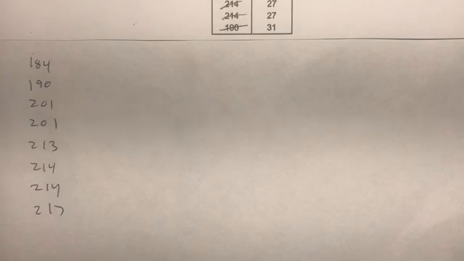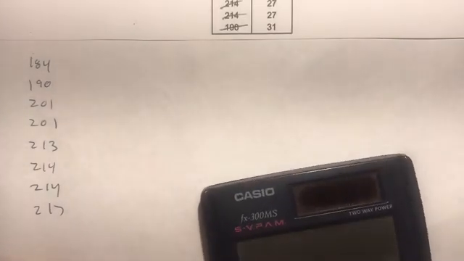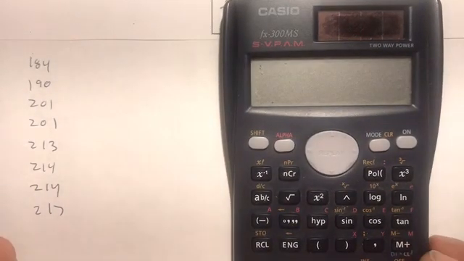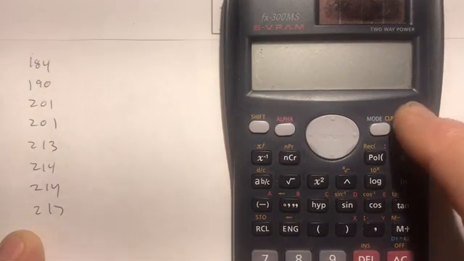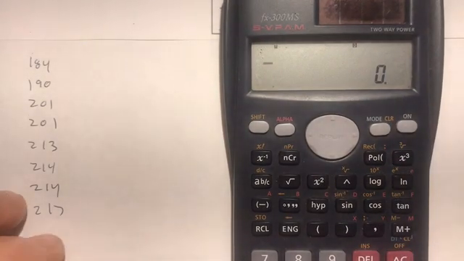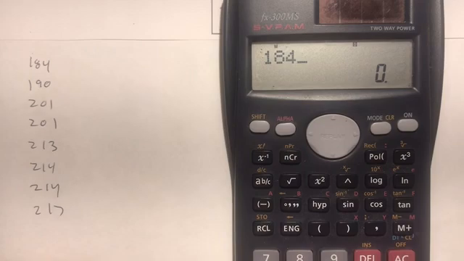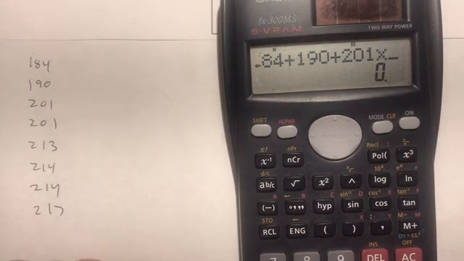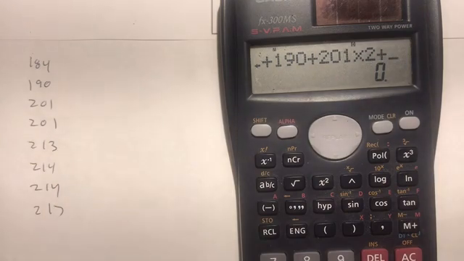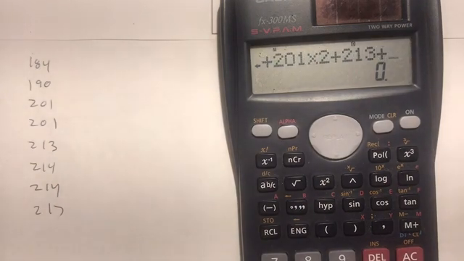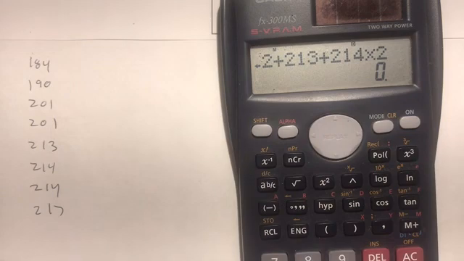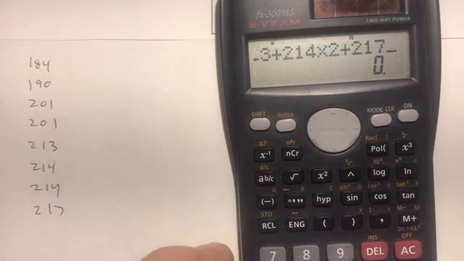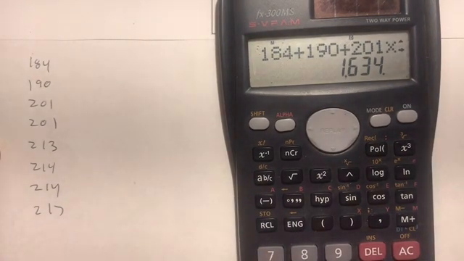All right. Now, first thing we're going to do is add these up. I've got 184 plus 190 plus 201 times 2, got two of those, plus 213 plus 214 times 2 of those, plus 217. And I got 1634.